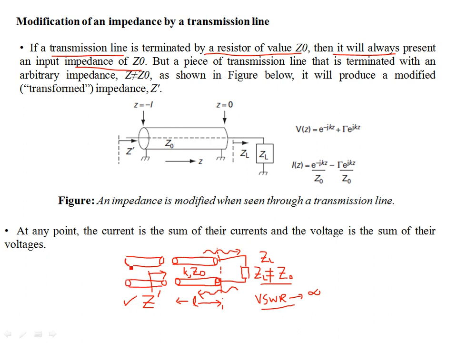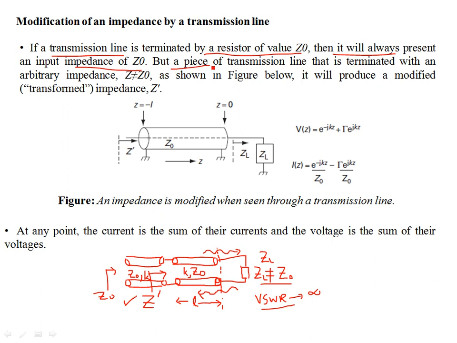Even for this section, you have the characteristic impedance Z naught and propagation constant k. If you join these two, you still have the input impedance Z naught, if either the transmission line is terminated into its characteristic impedance or it is infinitely long. So adding another section does not result in any reflections.